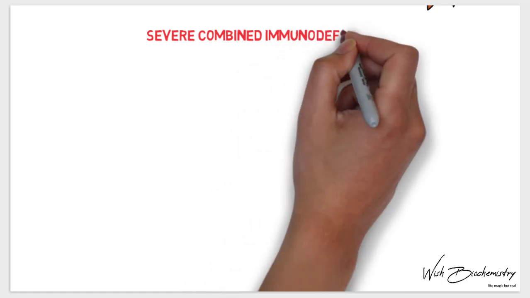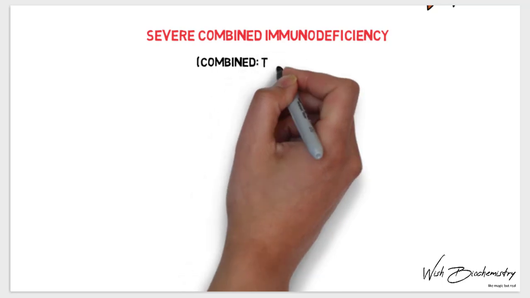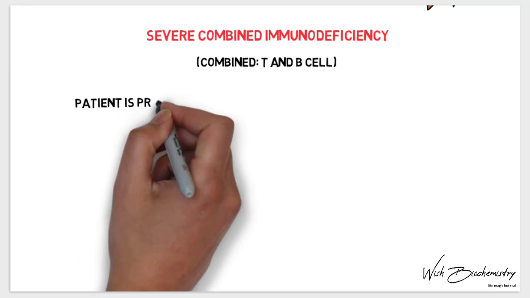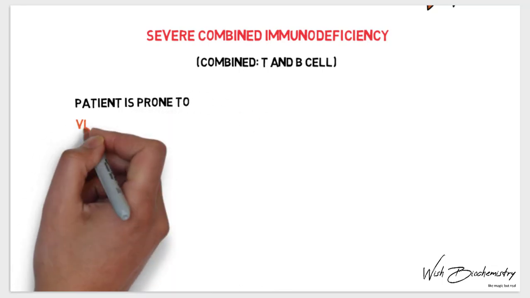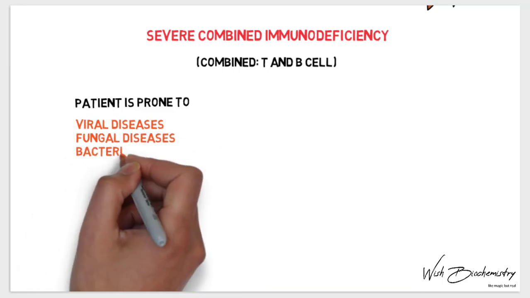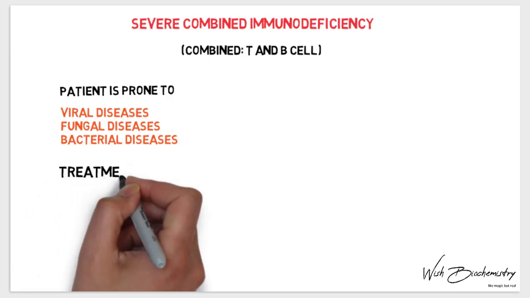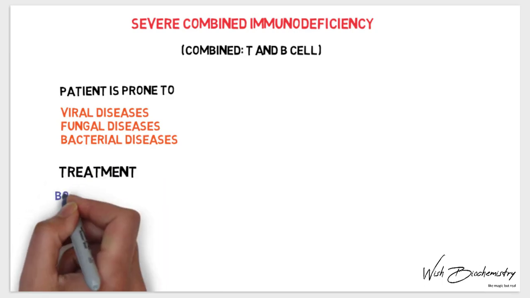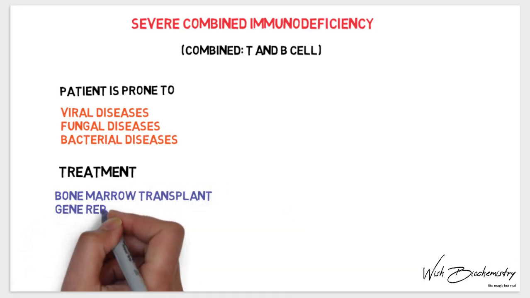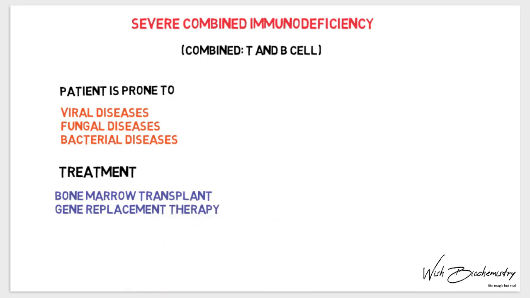The word combined is for the fact that it affects both the T and the B lymphocytes. The patients suffering from the severe combined immunodeficiency are prone to infections, the viral, fungal and bacterial infections. Treatment of severe combined immunodeficiency is bone marrow transplant or gene replacement therapy, as well as early detection and treatment of the infections.